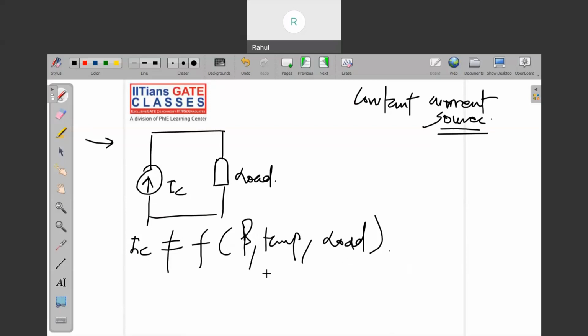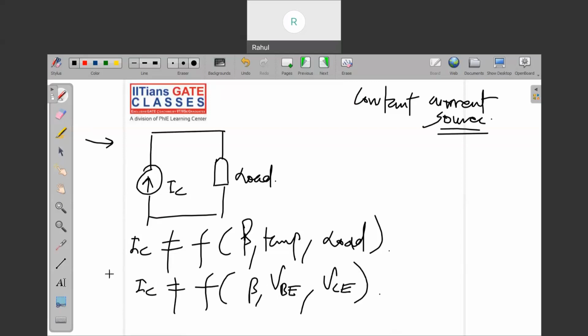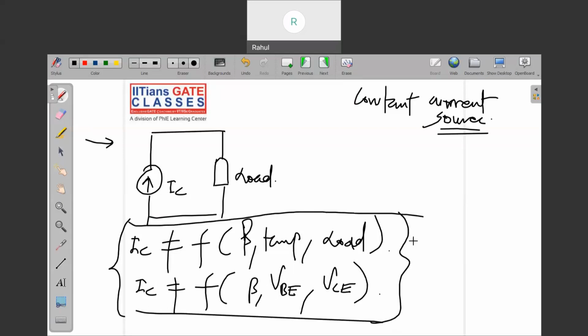IC should also not be a function of VBE, because if the temperature changes, VBE changes, or of VCE. IC should be independent of everything, so we have to find a biasing technique which can make IC independent of everything.